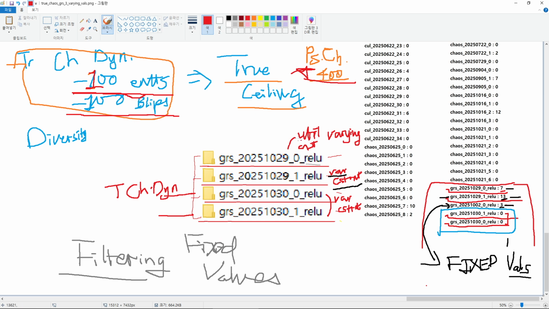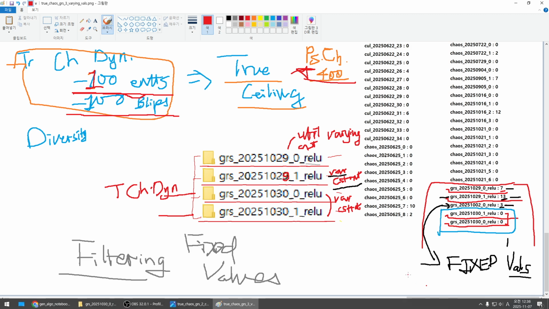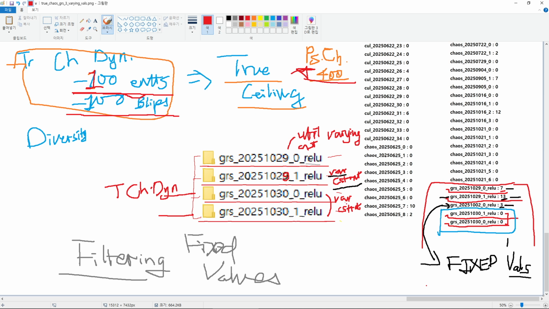Whether it is varying utility values and constraint values or fixed utility values and constraint values, the time it takes is almost always approximately the same. So that's that.